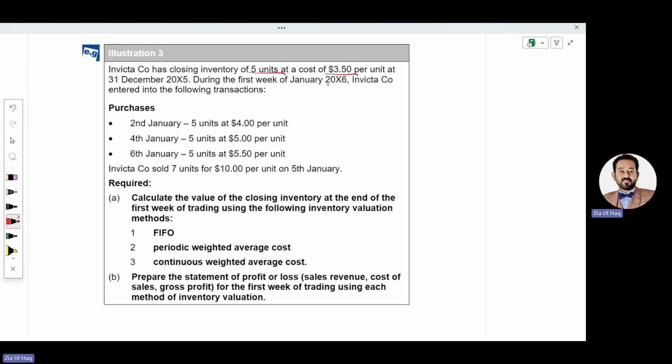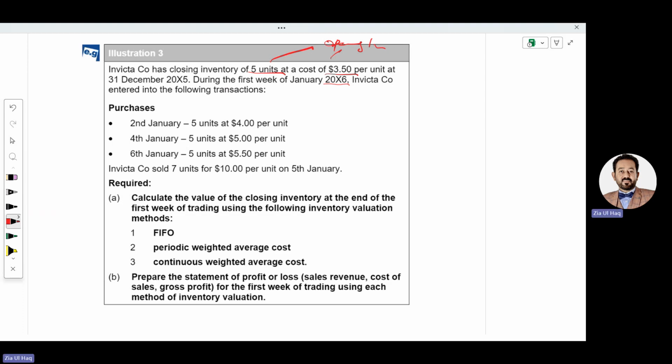During the first week of January 20x6, Invicta company entered into the following transactions. This means you are currently in 2006. Yeah. This means this is opening inventory that is coming from the previous year.